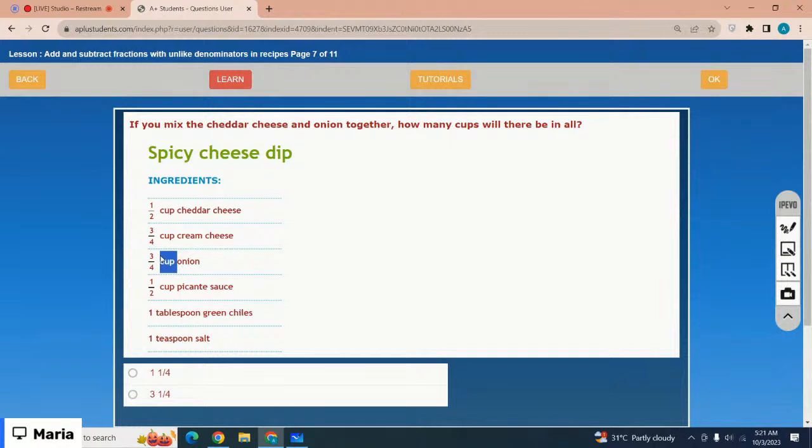The correct option is 1 whole 1 over 4 it is. The correct option is 1 whole 1 over 4, right?